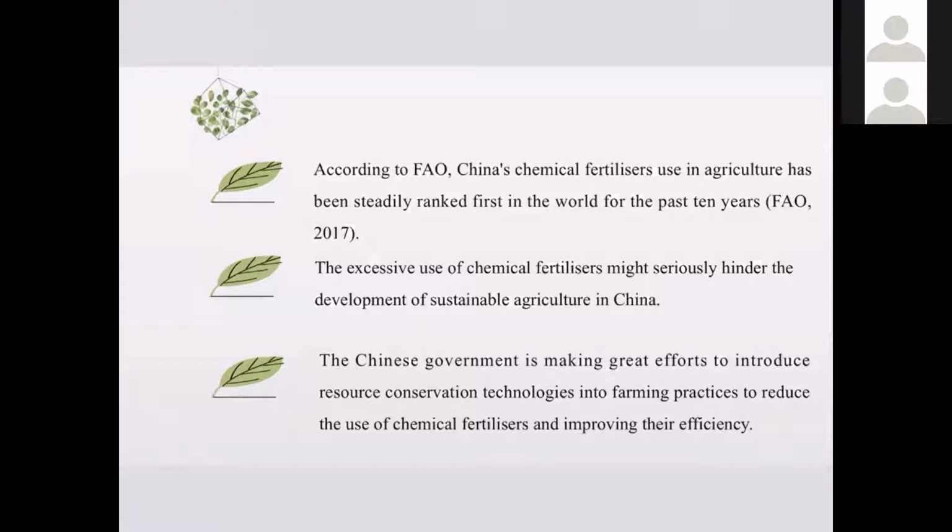The excessive use of fertilizer might seriously hinder the development of sustainable agriculture. So the Chinese government is making great efforts to introduce resource conservation technologies into farming practice to reduce the use of fertilizer.